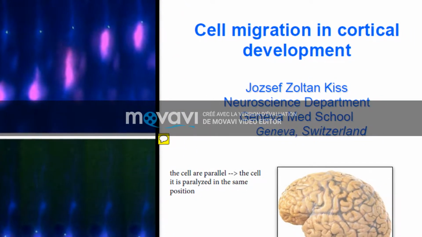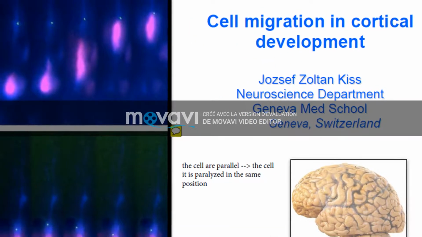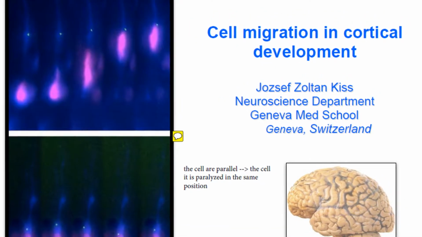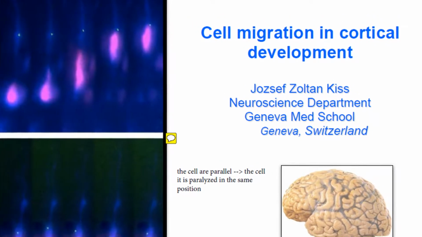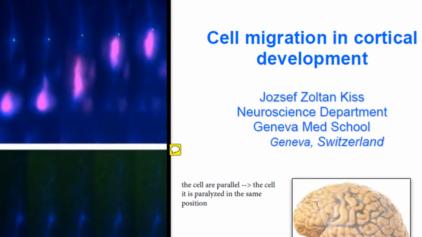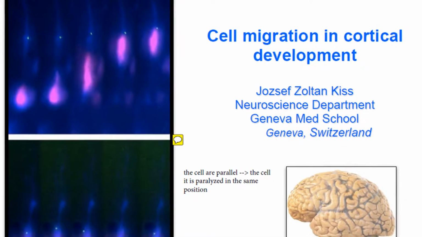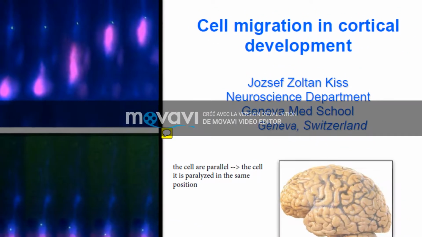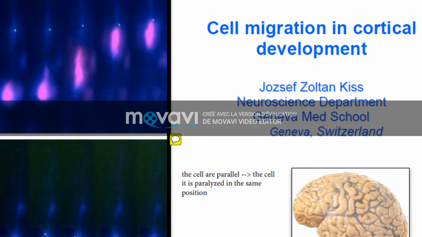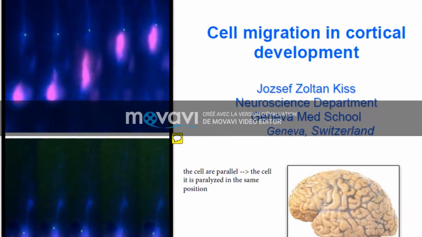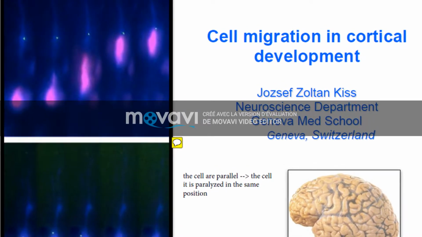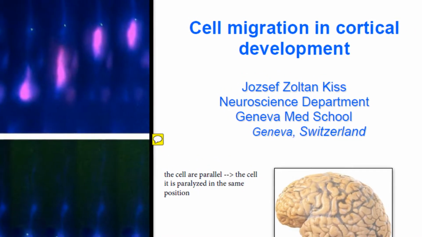And then, as you see, we call it PP, the preplate. The preplate will be split during development. Cajal-Retzius cells will establish there, between the marginal zone, which is the surface, and the subplate. It doesn't matter, these small details I will not ask. The future cortex will be generated step by step, layer by layer.